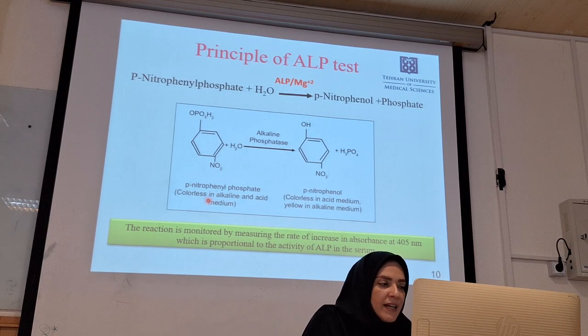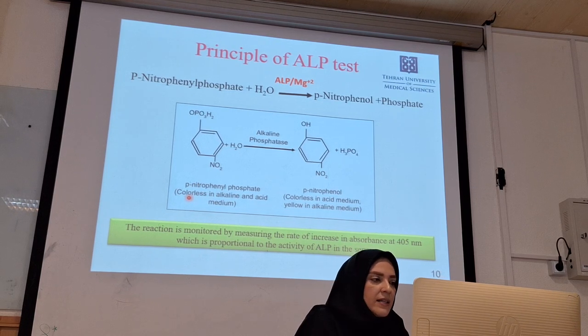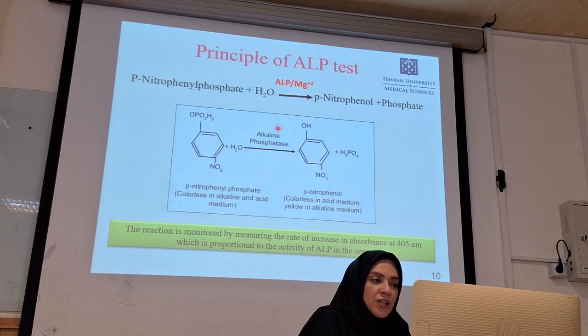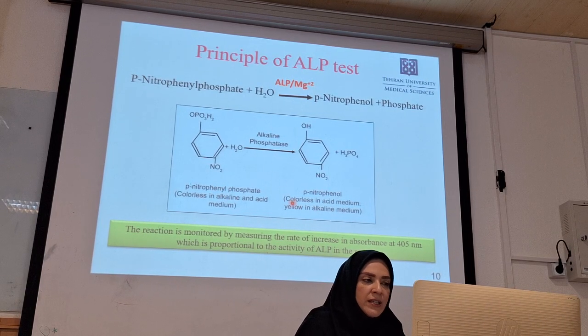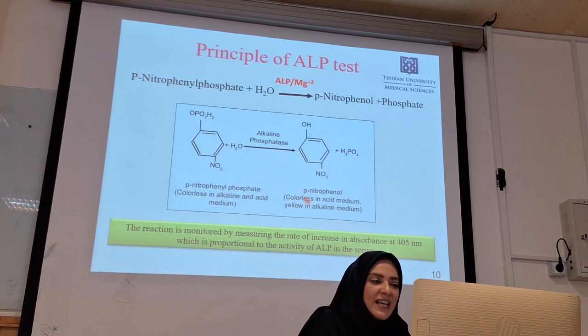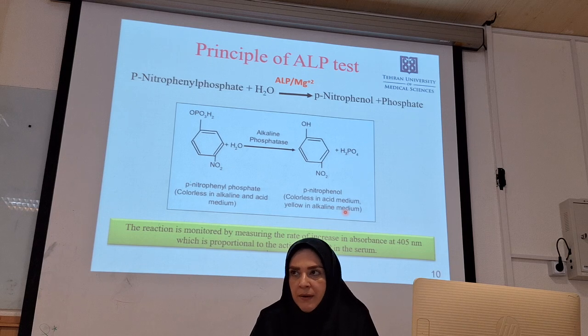As you can see here, this is colorless, it's like water, okay? This is a colorless reagent. Following the reaction of the alkaline phosphatase with the proper environment, we produce another compound, and this produces the yellow color, especially when we provide the alkaline environment.